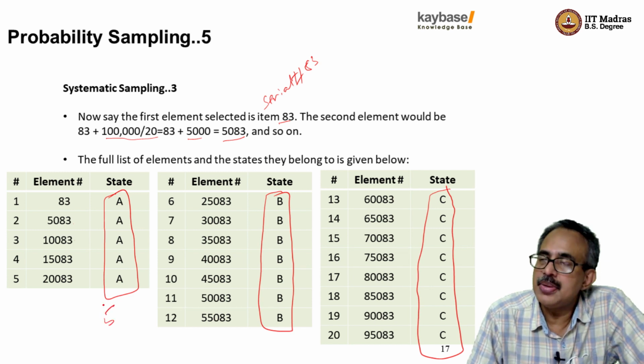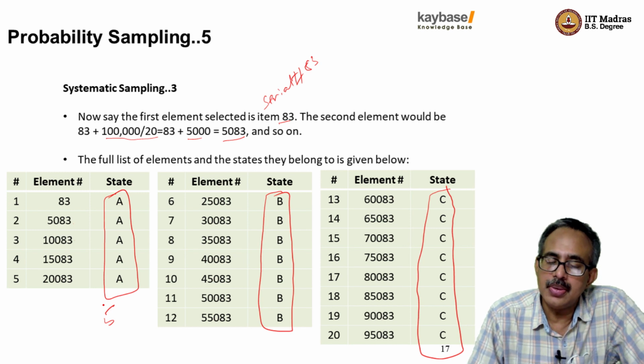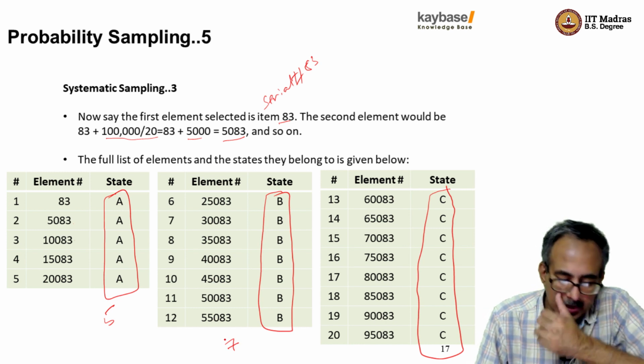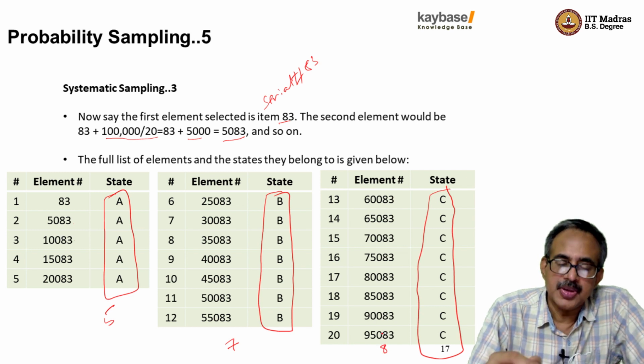How many are in B? 7. How many people are in C? 8.